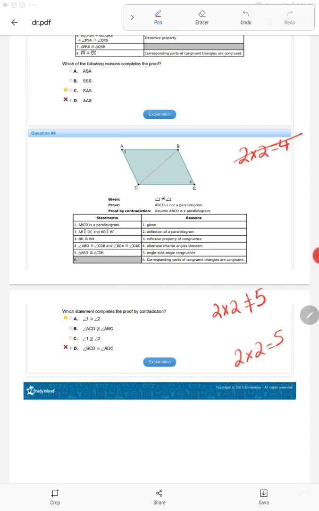It's kind of confusing. But for this question, it actually is not. The given statement is angle 1 is not congruent to angle 2. We know this for a fact, like 100%. They give this to us. And then they want us to prove that ABCD is not a parallelogram. This is because, by definition, if it's a parallelogram, the opposite angles, like these two, must be equal.